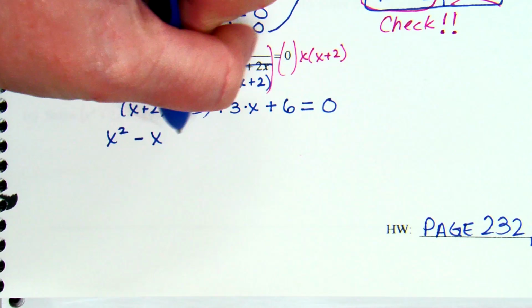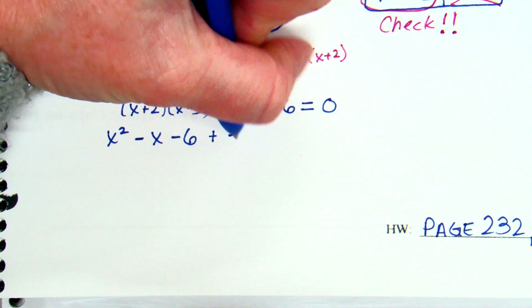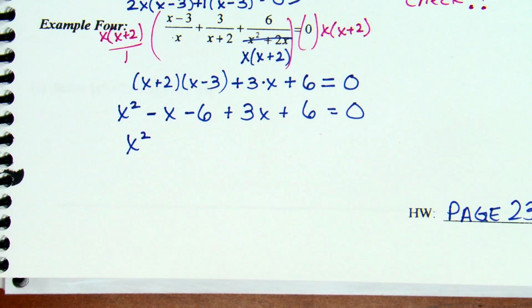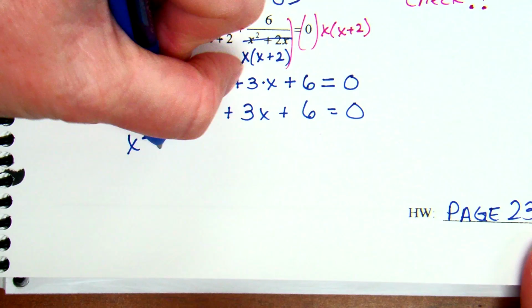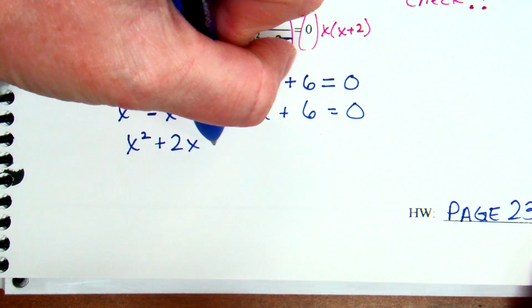Last, 2 times minus 3 is minus 6. Plus 3x plus 6 equals 0. Clean it up. What do I have when I clean it up? X squared plus 2x equals 0.